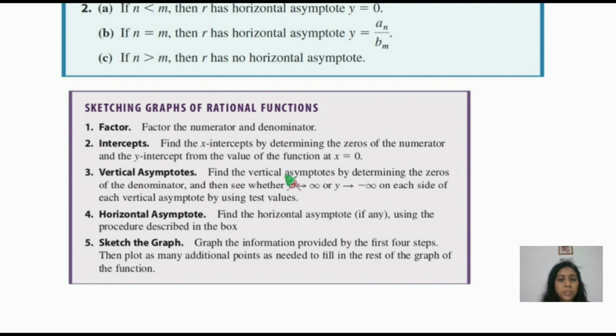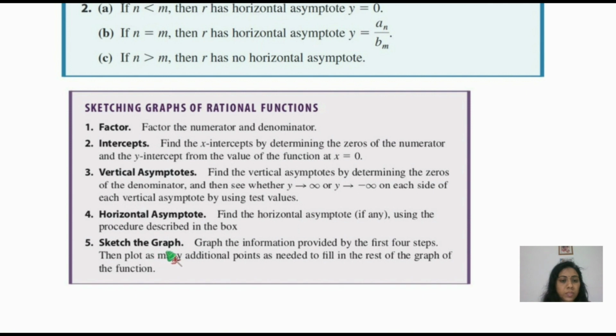Vertical asymptotes: find the vertical asymptotes by determining the zeros of the denominator, and then you can check whether y tends to positive infinity or negative infinity on each side of each vertical asymptote by using test values. This is very important. And then horizontal asymptote: find the horizontal asymptote, if any, using the procedure described in this box.